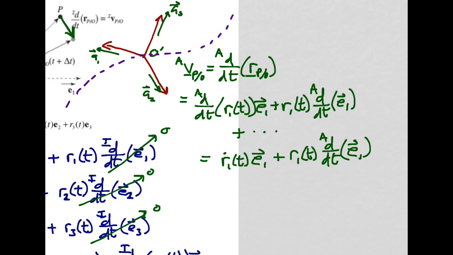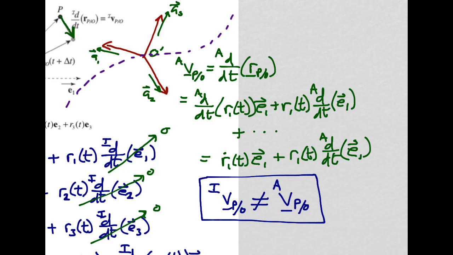The point is that the velocity of P with respect to O, as observed in an inertial reference frame, is not the same as the velocity of P with respect to O as observed in another reference frame.